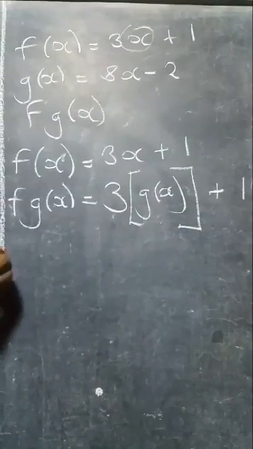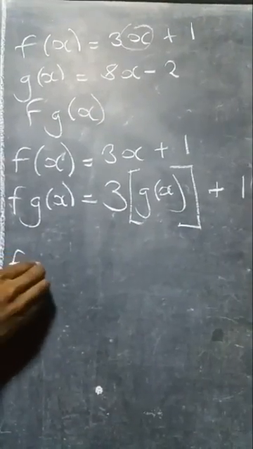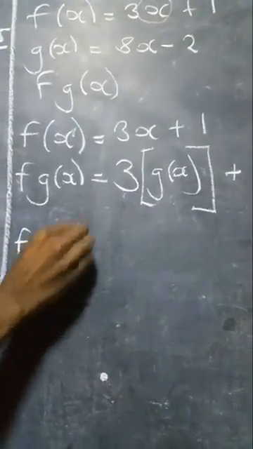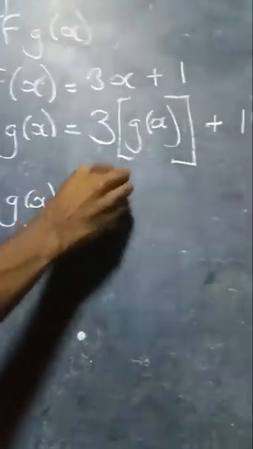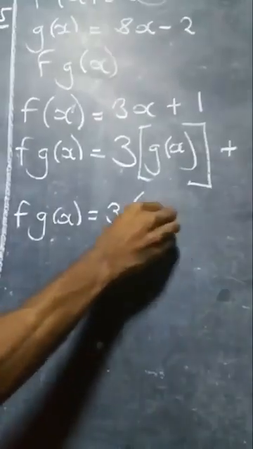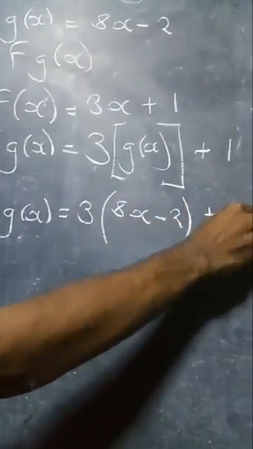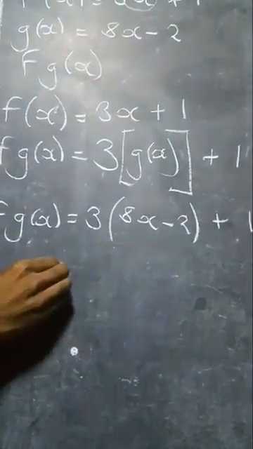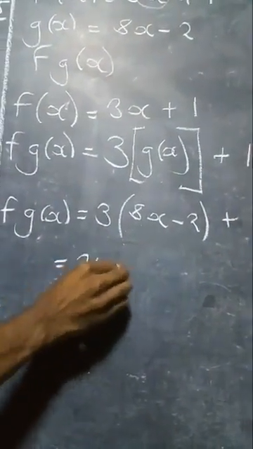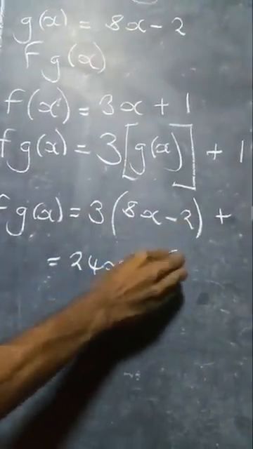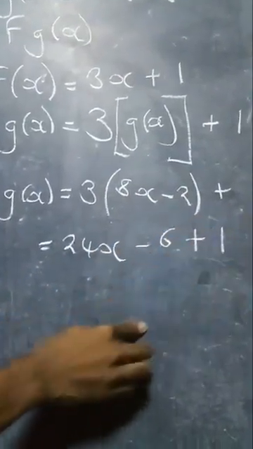So what you'll be having is f of g of x is equal to 3, open brackets, g of x which is 8x minus 2, close brackets, then plus 1. Expanding this, we have 24x minus 6 plus 1.